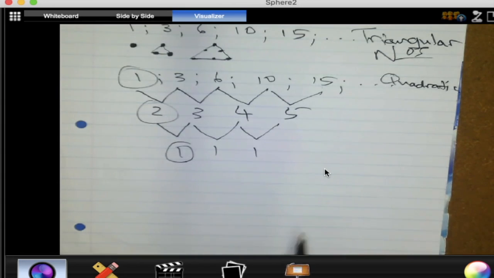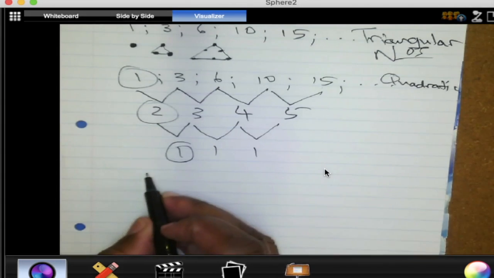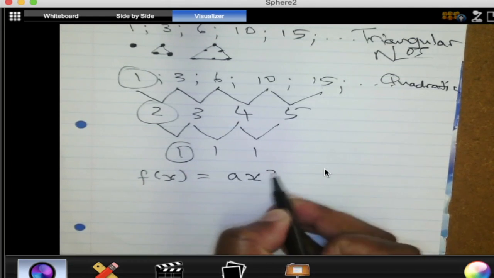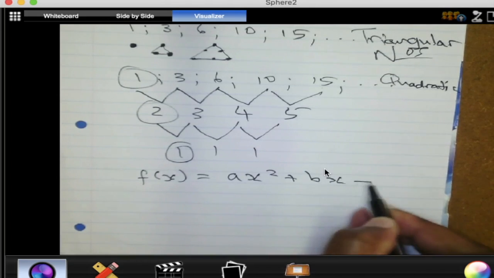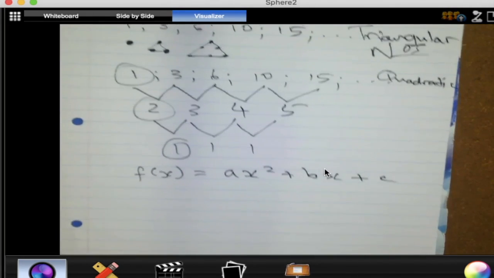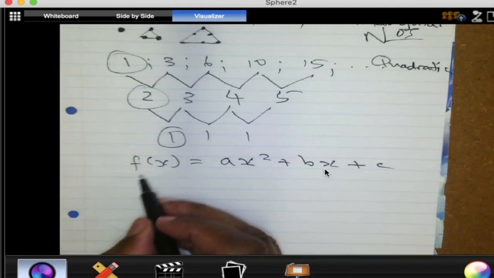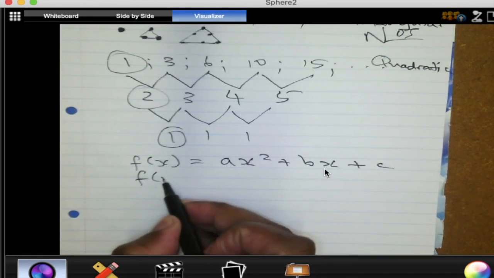Now we know quadratic functions. Do you remember that a quadratic function f of x would look like something like this? You remember that, right? So that's our quadratic function. But we are dealing with number patterns, and we are looking for the nth term. So in our case, we can't say f of x, we'll say f of n.